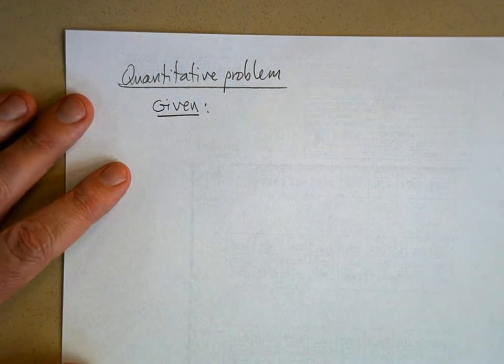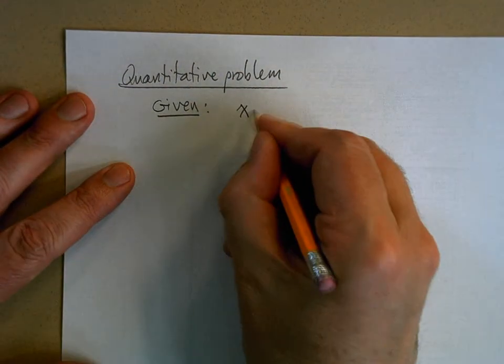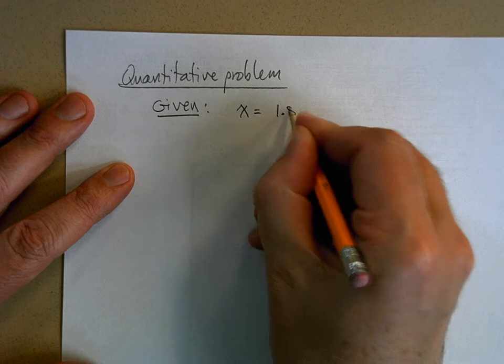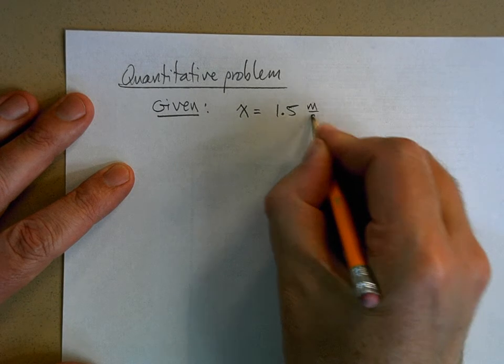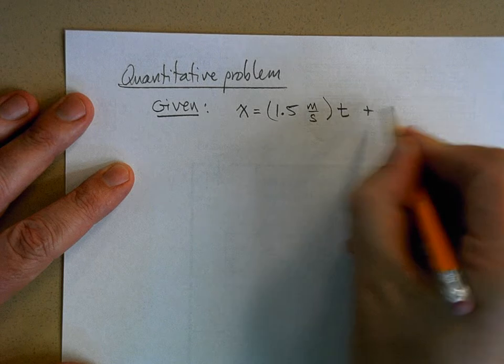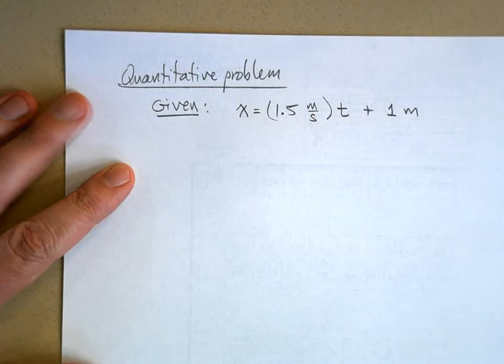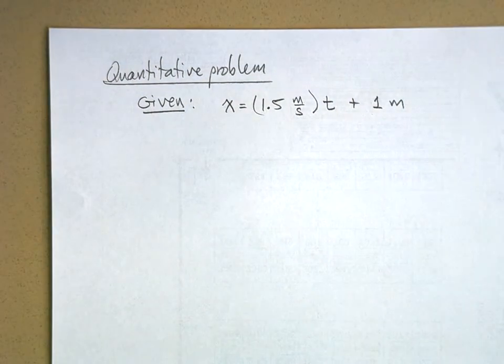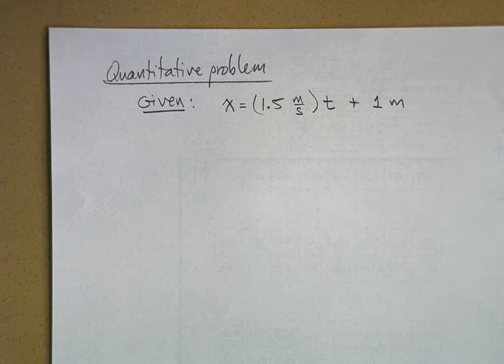And I'm going to say x equals 1.5 meters per second times time plus 1 meter. So that's going to be given to you. I'm going to give you an equation like this. Now, in the textbook or on a worksheet, it might say, an object is moving with the mathematical model given to be x equals 1.5 meters per second times time plus 1 meter.